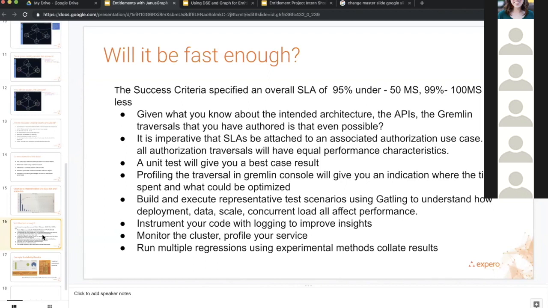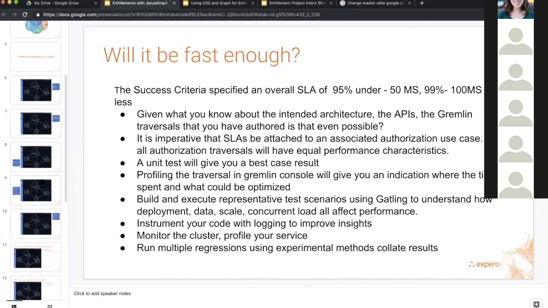So you really need to hold down your controls, your experiments, and your known data sets, and treat this just like you would any other real experiment. And doing this, we found that we were able to achieve scale with Janus and Cassandra in the context of an entitlements engagement.